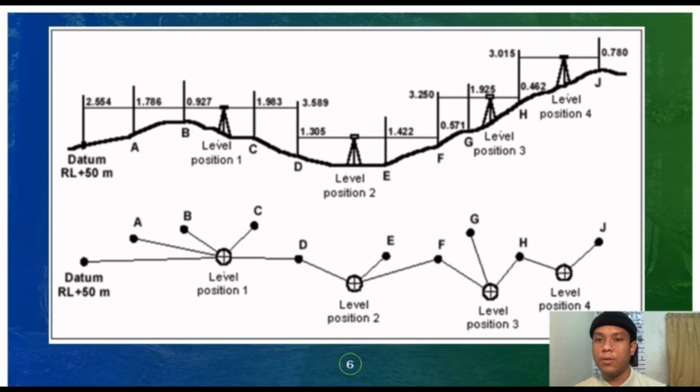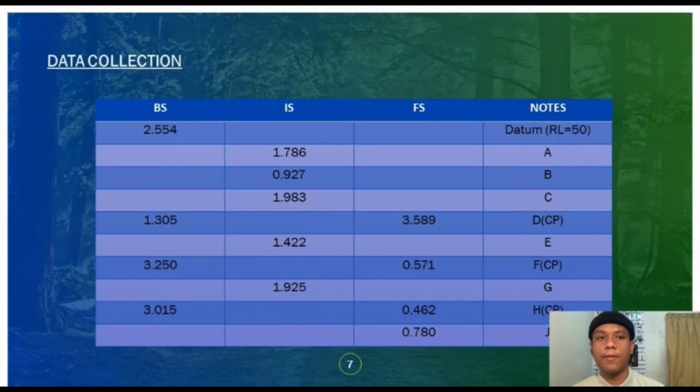From level position 1 to the datum, RL is 2.554, and from level position 1 to A is 1.786. For B it is 0.927. And for C we got 1.983, and D is a change point.